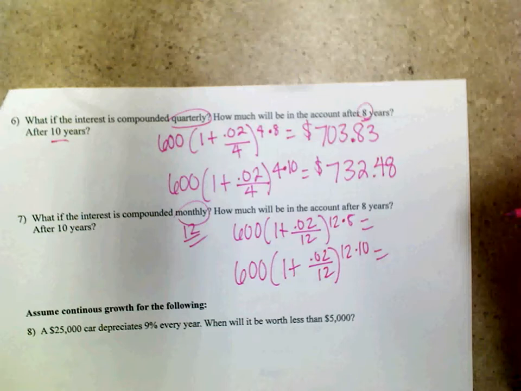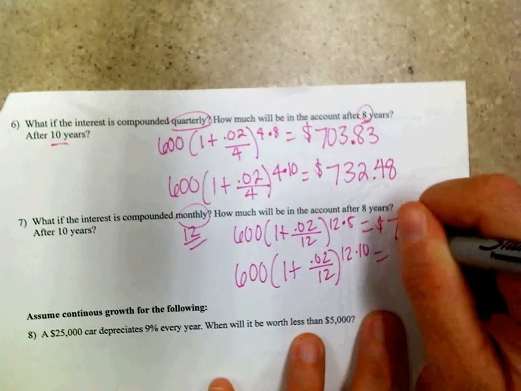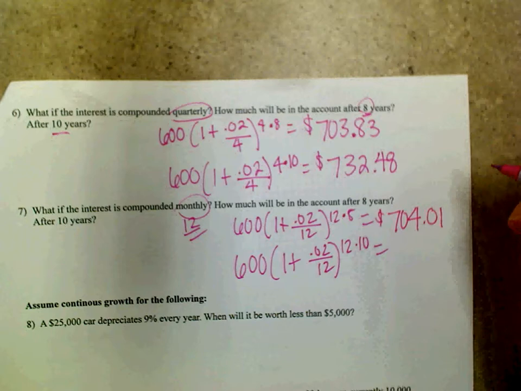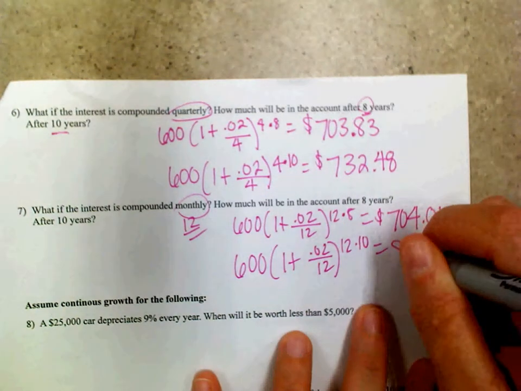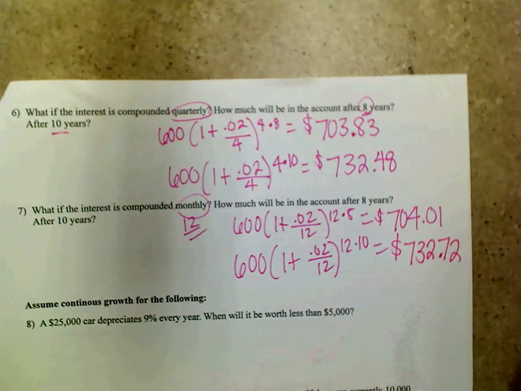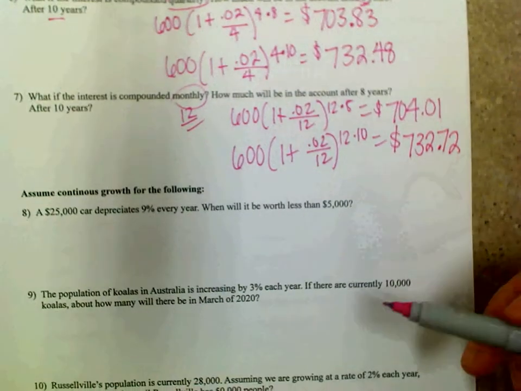So I got 12 up to the 12 times 8. So I have $704.01. Same thing, but I'm going to replace that 8 years with 10 years. $732.72.